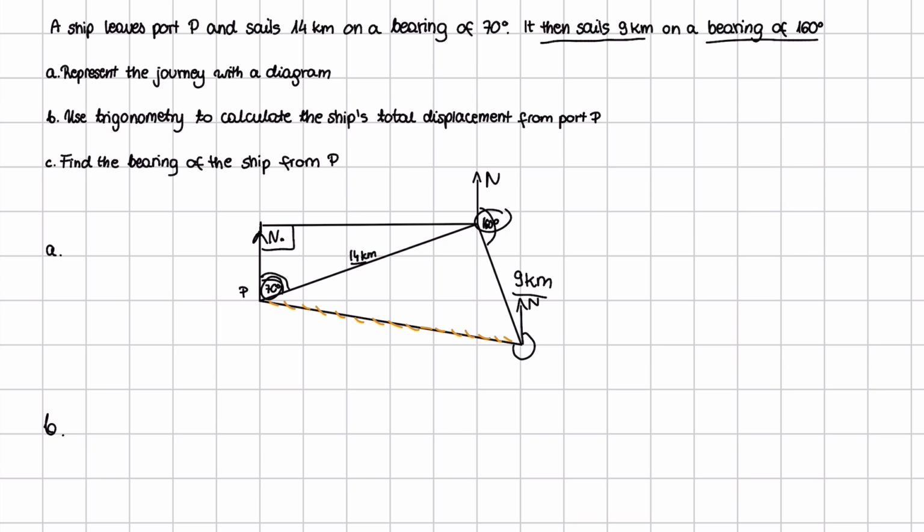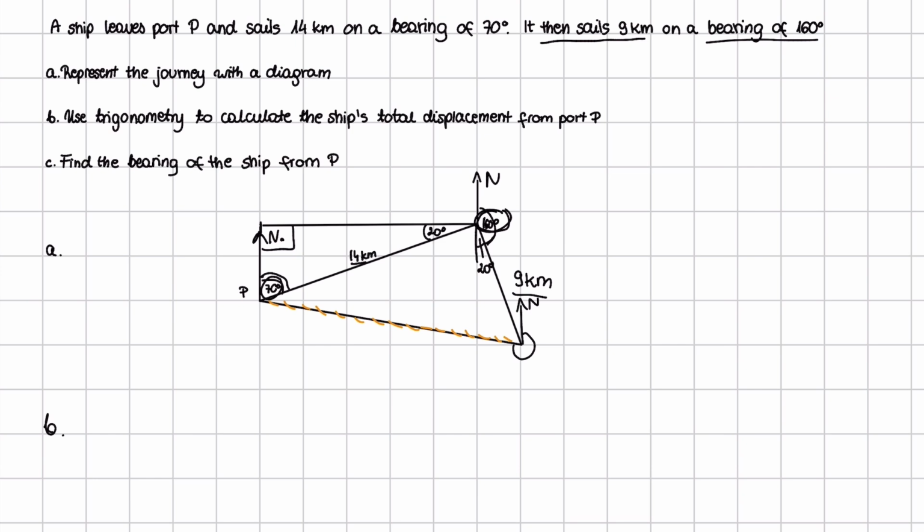So here will be 90 degrees. Here we have 70. So in here we have 20. Something like this. Also, if we were to draw a straight line in here, so this whole has to be 180. So here we have 160. So in here we have 20 degrees.